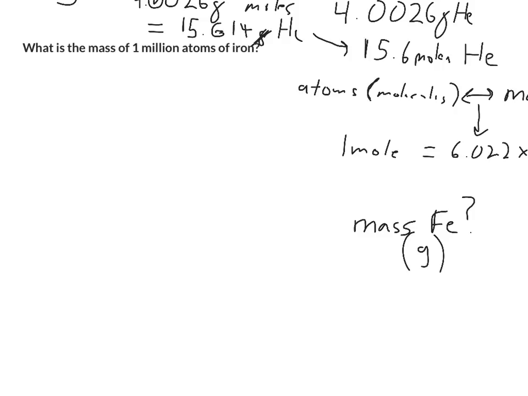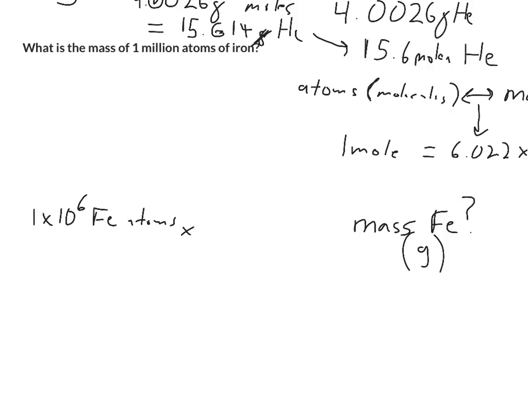That's what the question is asking for. And we know we have 1 million iron atoms. 1 million is 1 times 10 to the 6. Remember, mega is the prefix multiplier for million. So, iron atoms.